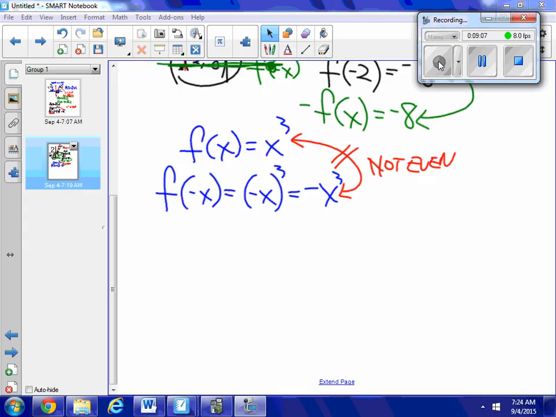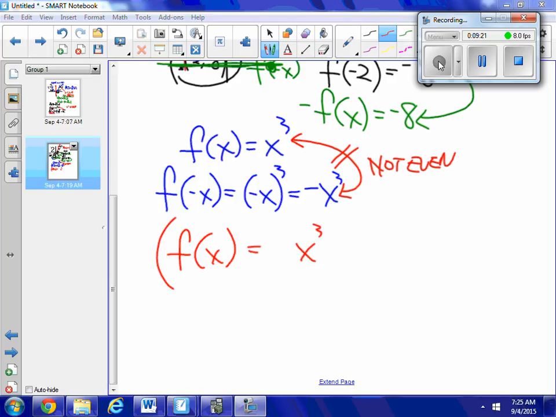Now let's take a look. I figured out what f of negative x is. F of negative x is negative x cubed. But now let's take a look at negative f of x. Well, what I do is I write down f of x, and then I just put it in parentheses, and I stick a negative sign in front of it. If I stick a negative sign in front of x cubed, I get negative x cubed.